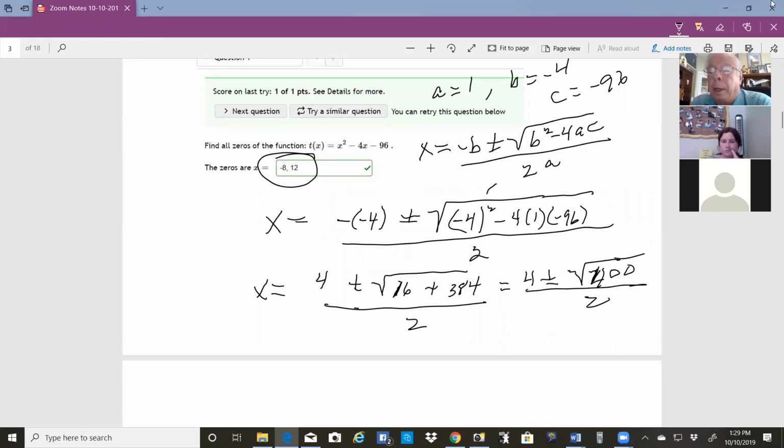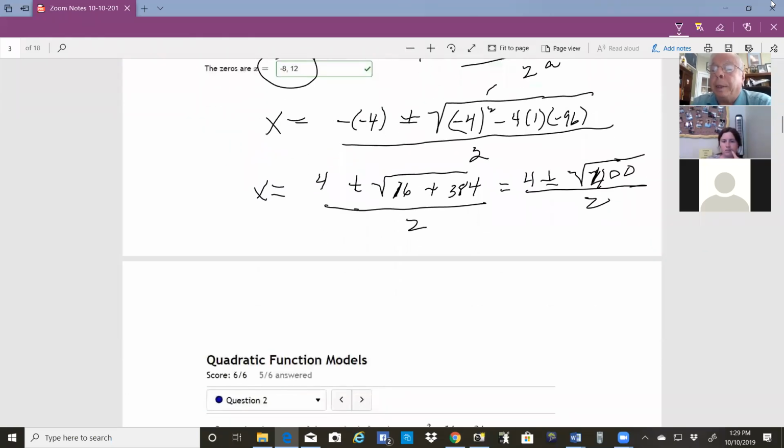Now the square root of 400 is 20, all divided by 2. So we have 4 plus 20 divided by 2, which is 12.